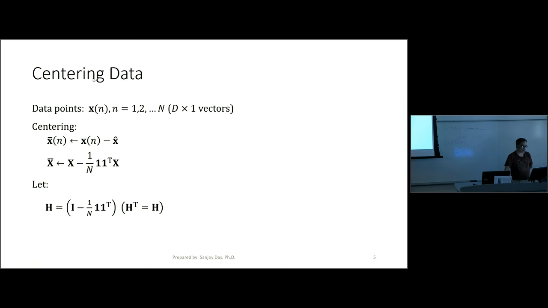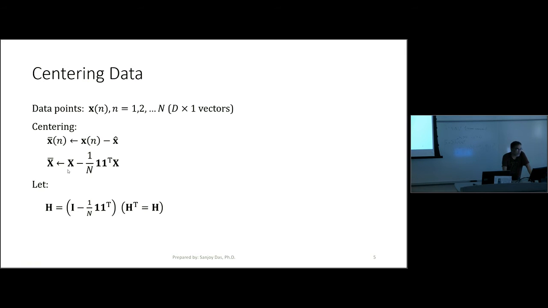So this is the centered data matrix. How do I get this? The rows of this are the centered transposes of the raw samples. You center the raw samples, take the transpose, and then arrange them together, so you get uppercase X bar. That will be the centered data matrix.